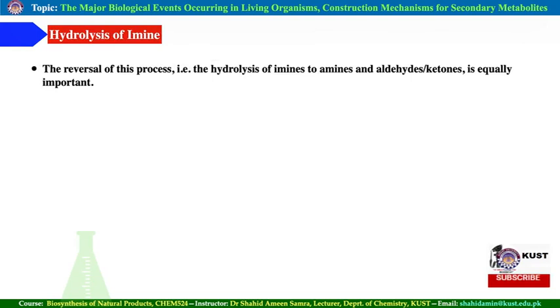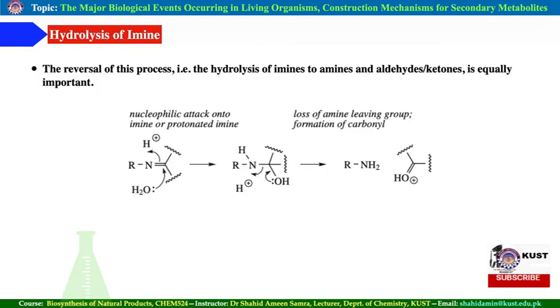So if we talk about the reverse of imine formation, that is the hydrolysis of imine, it will give us the original starting materials, aldehydes and ketones. This is also an important reaction in the synthesis of secondary and primary metabolites.